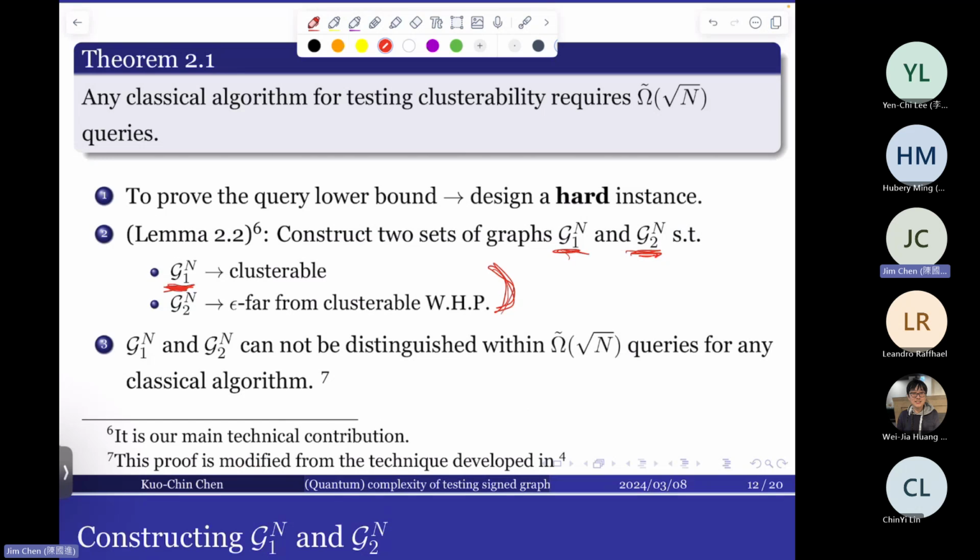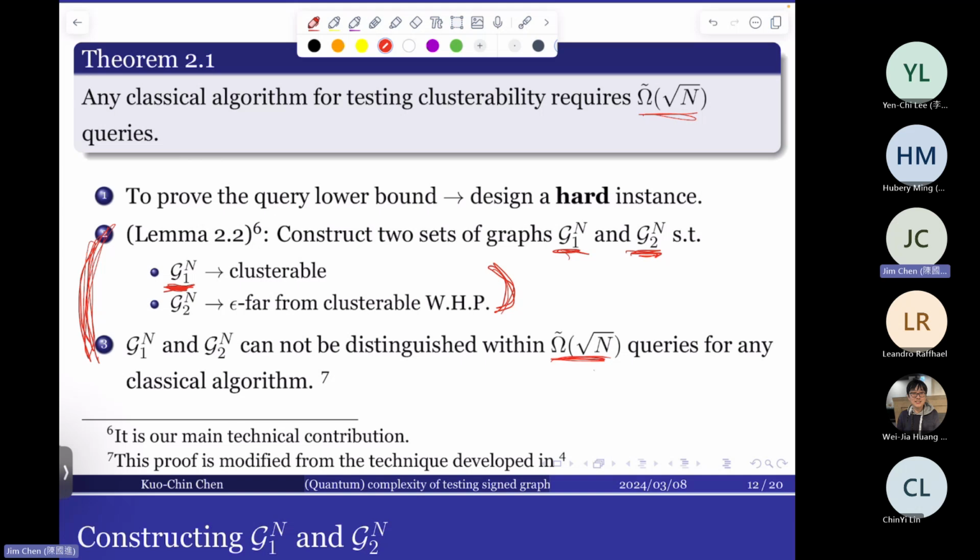If we can design such an instance, and we can show G1 and G2 cannot be distinguished with square root of n queries by any classical algorithm, then combining these two lemmas, we know there is no classical algorithm that could test clusterability within square root of n queries.